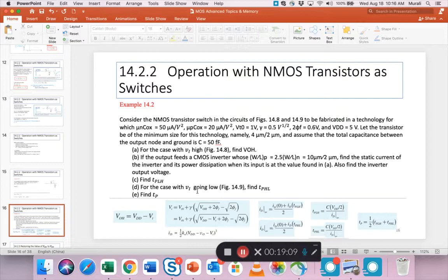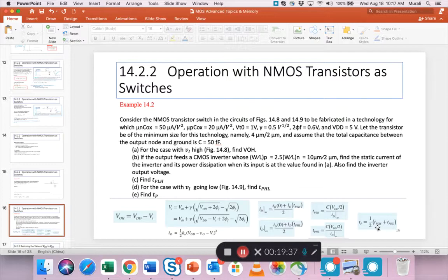Then he goes to part D. This is where the output is falling. Now you have to find TPHL, which, using the same methodology, finding the two currents, finding the average current, then using this TPHL formula, he comes out with TPHL to be 0.17 nanoseconds. Then the total propagation delay is this, and it's 23 nanoseconds.